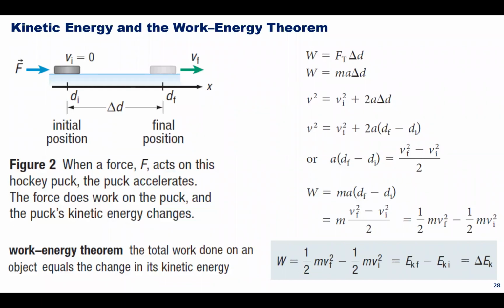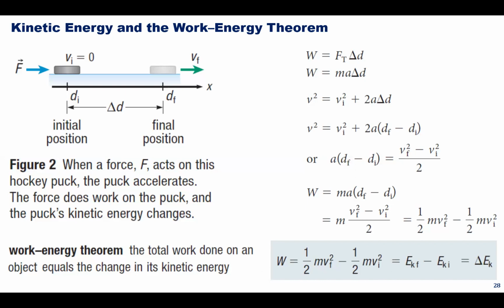To calculate the work done on an object as it moves from initial position d_i to the final position d_f, we can combine the previous equations. Then W equals ma times d_f minus d_i, which is m times v_f squared minus v_i squared over 2. Simplifying this gives us W equals 1/2 m v_f squared minus 1/2 m v_i squared.